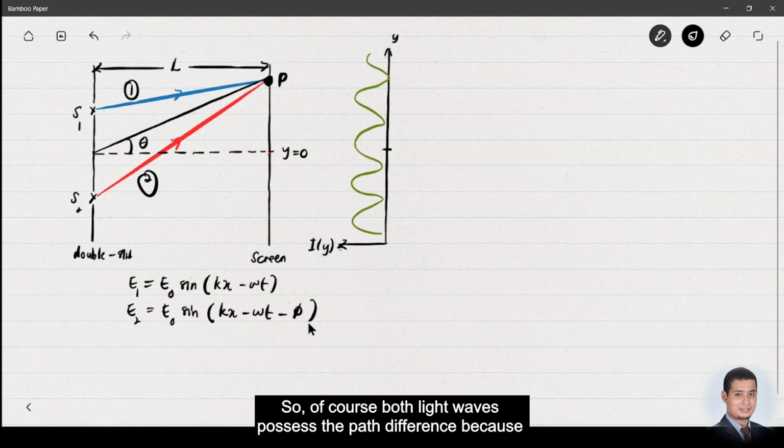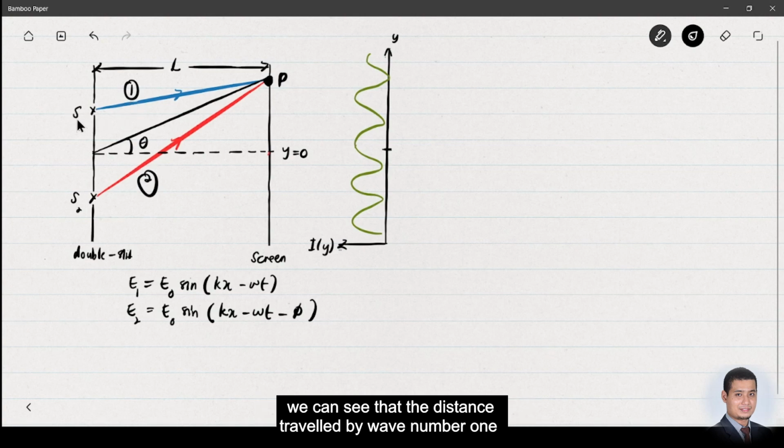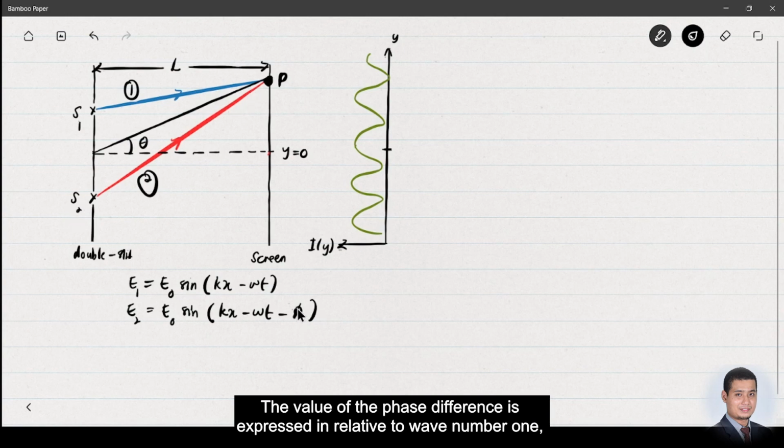Of course, both light waves possess a path difference because we can see that the distance traveled by wave number 1 is shorter than the distance traveled by wave number 2. The value of the phase difference is expressed relative to wave number 1, where we assume that the value of phi for wave number 1 is equal to 0.